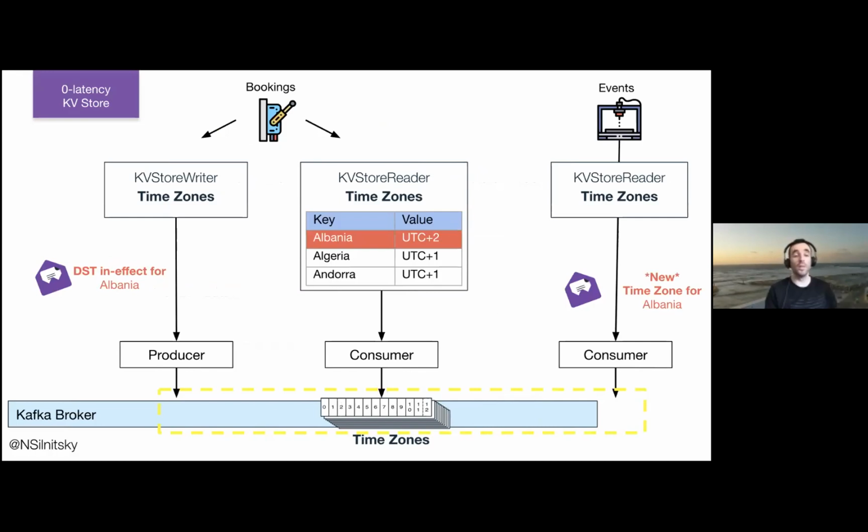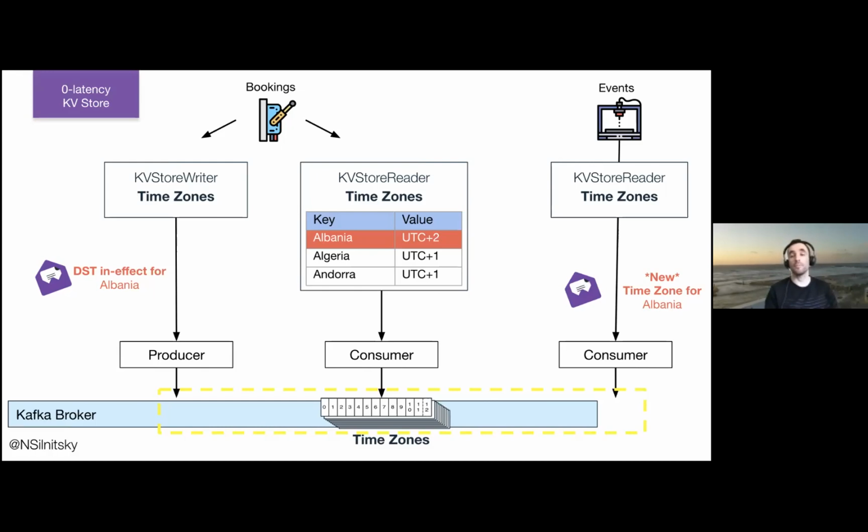And then we want to update some data, some time zone for Albania, for instance. So we have key value store writer update that, and it's updated automatically because we have the consumer listening for updates.